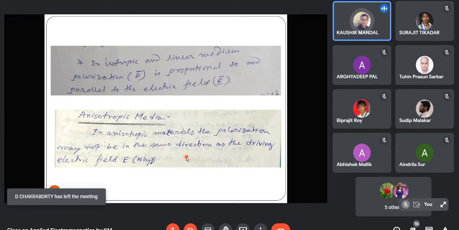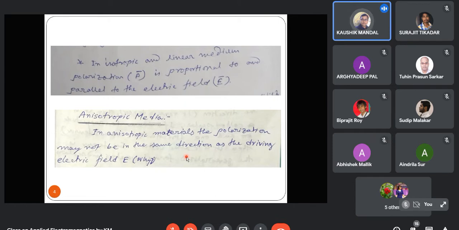But in case of anisotropic media, this particular point is not valid. That is, in case of anisotropic materials, the induced polarization may not be in the same direction as the driving electric field or applied electric field.